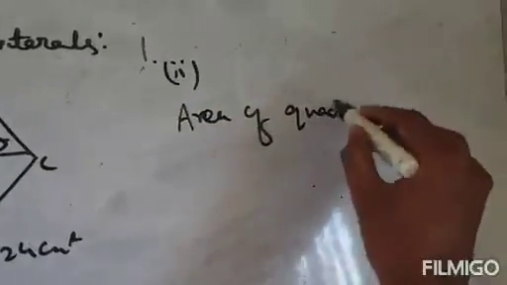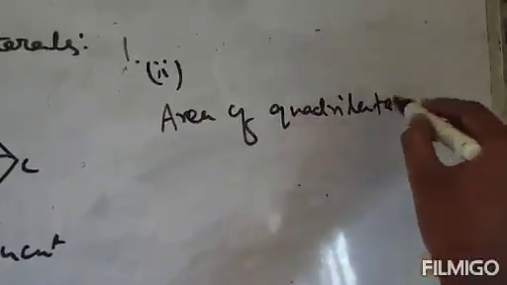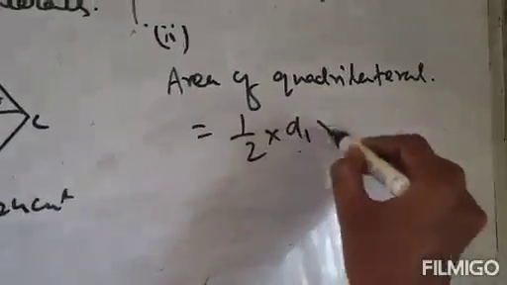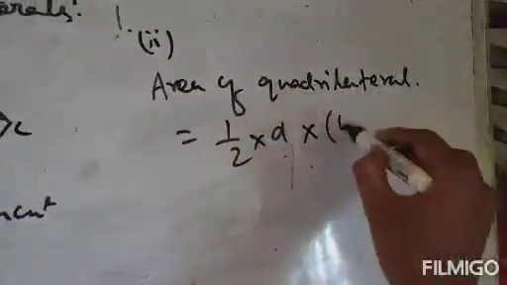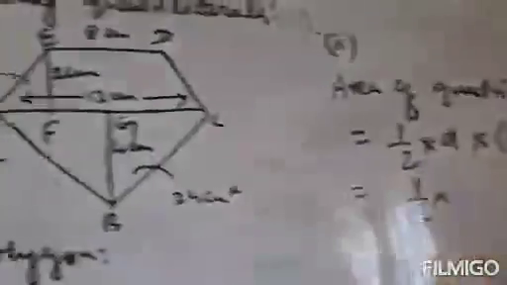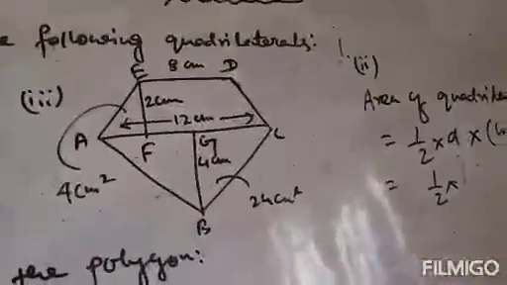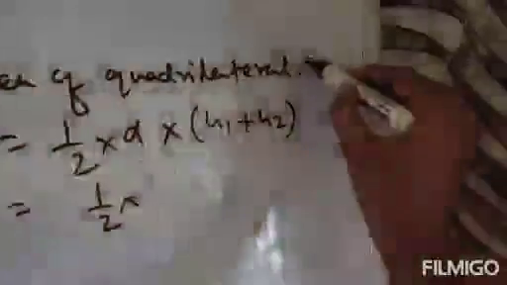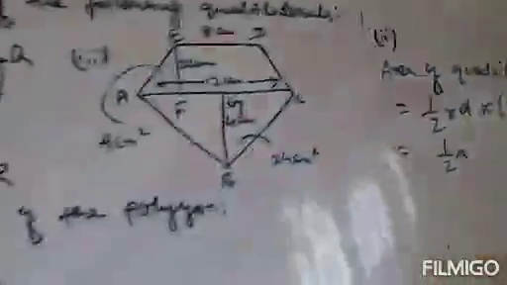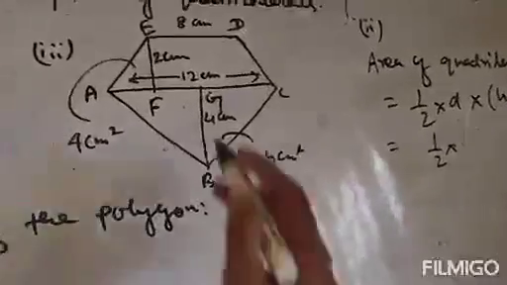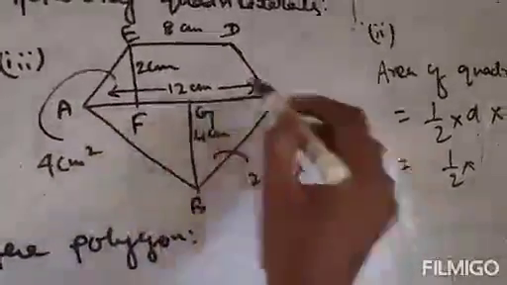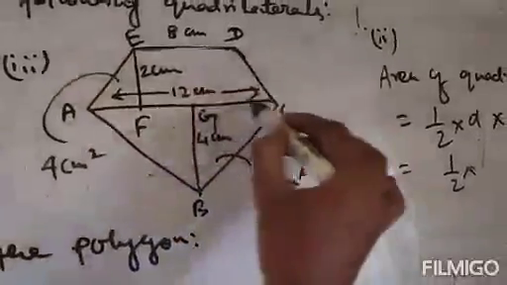Area of quadrilateral equals 1 by 2 into diagonal into H1 plus H2. Now, in the case of quadrilateral EDCF, the diagonal is this: CF is the diagonal, because this is the quadrilateral.